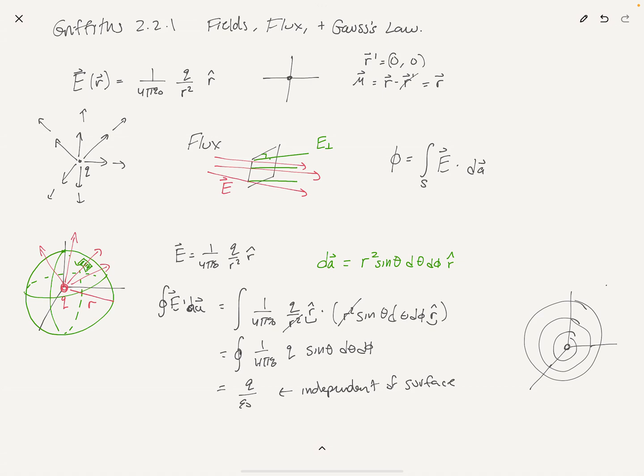Now what happens if we have multiple point particles that are generating a field? I know that I can calculate the total field by summing up all of the components of those fields, the field coming from particle 1, 2, 3, and so forth. Now let's say I have the flux for a surface that includes all of those charges.